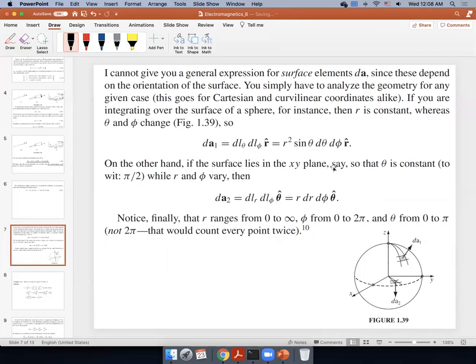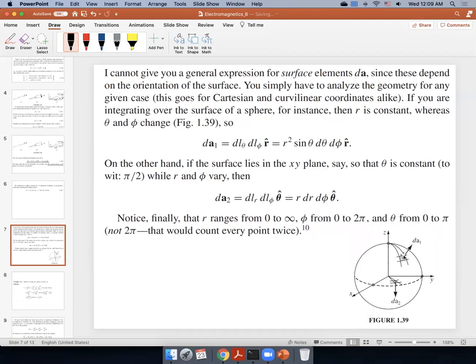So here we'll try to do the surface element in two directions. The first is, let's say r is constant, and then theta and phi change, which is on the surface of a spherical object, or on the sphere.